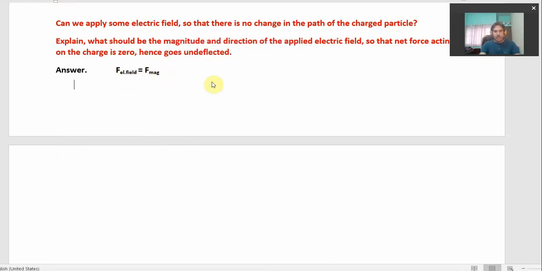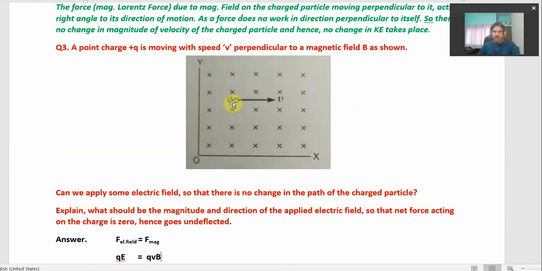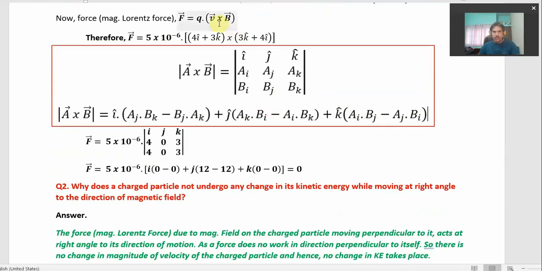So from this we can write that the force exerted by the electric field, which is Q into the strength of the electric field E, should be equal to the magnetic Lorentz force, which is Q into V into B. Because in the present situation, the angle between the velocity and the magnetic field is 90 degrees, so V cross B turns out to be simply V into B sine 90, and sine 90 means 1.